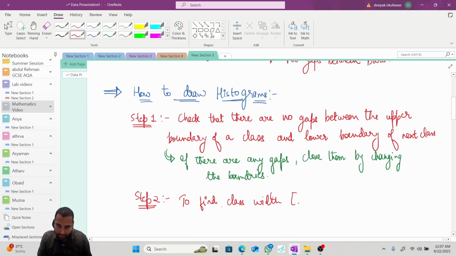So, subtract the lower boundary from the upper boundary.